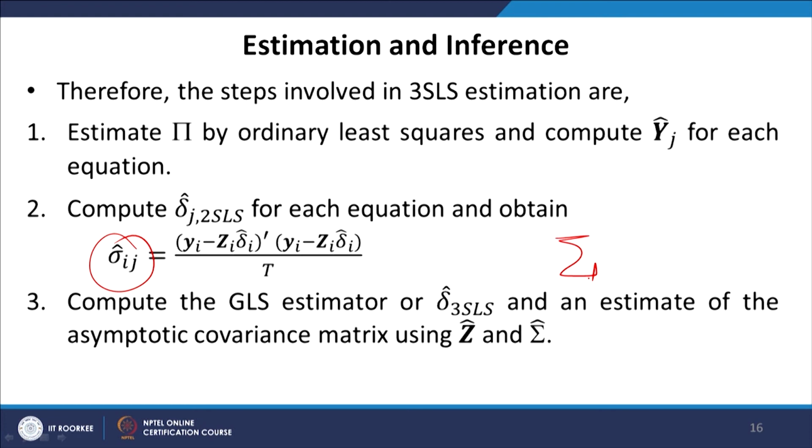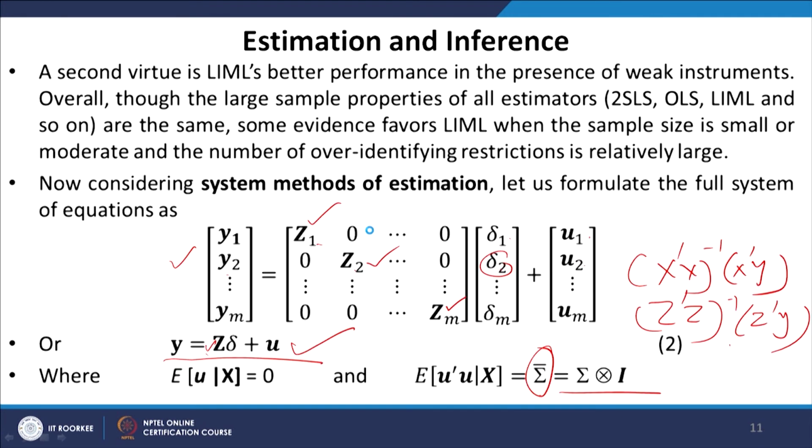This is simply (yi minus zi delta i hat) prime (yj minus zj delta j hat), divided by T. From this equation you can see that if I take z delta to the left hand side, we are left with u.